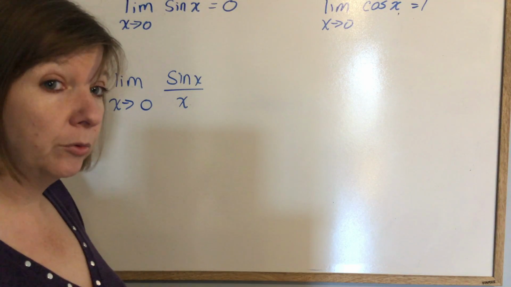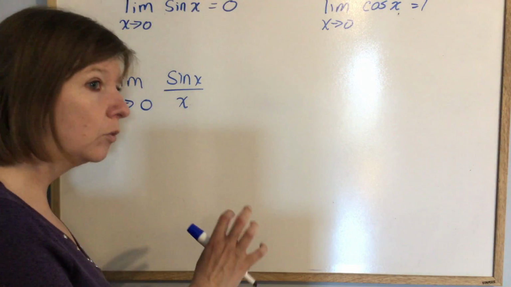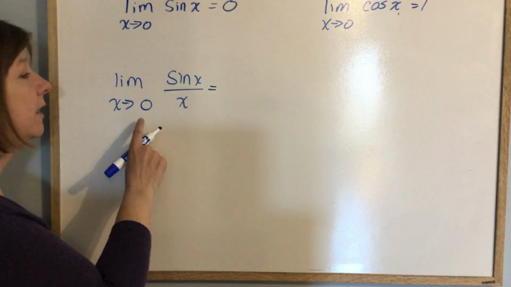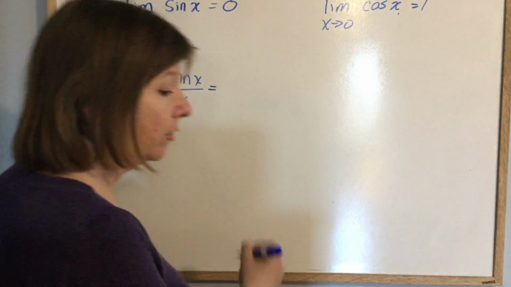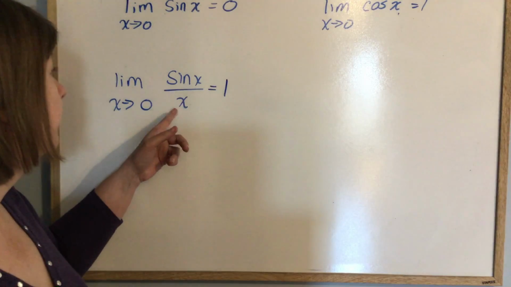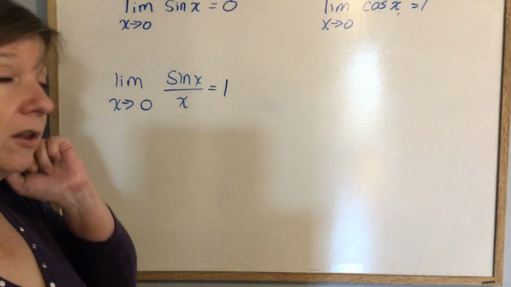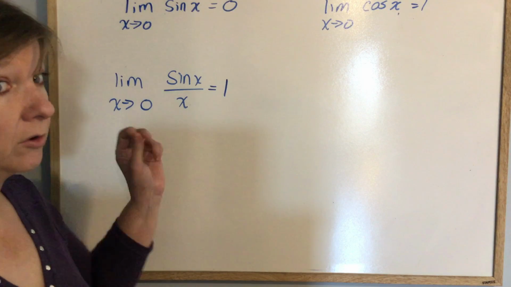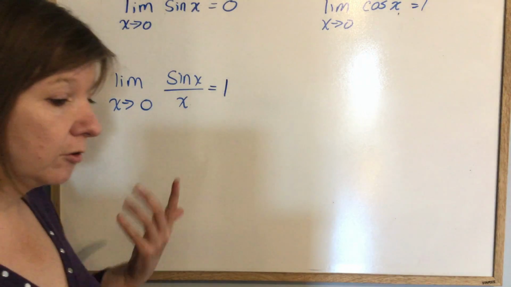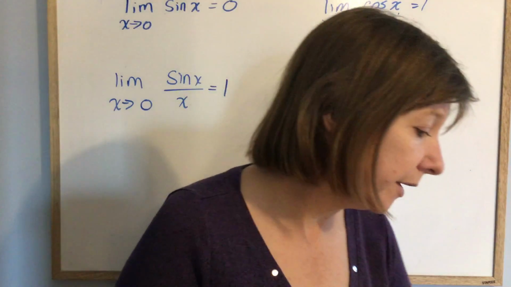Pick something close to 0 and just put it in. What you would find is that your answer would be close to 1. So the limit as my x value gets close to 0, can't be 0 because you can't have 0 on the bottom of a fraction, but close to 0, your answer would be close to 1.